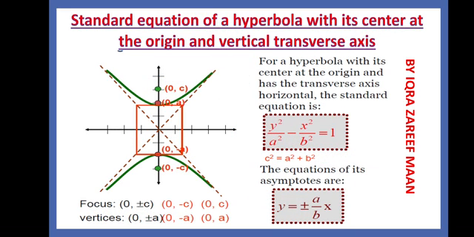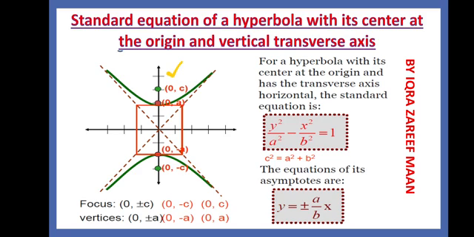The next topic is the standard equation of the hyperbola with its center at the origin and vertical transverse axis. We derived the equation of the hyperbola with the x-axis as the transverse axis. In a similar way you can derive the equation when the transverse axis is the y-axis.